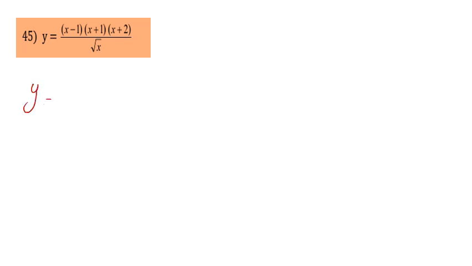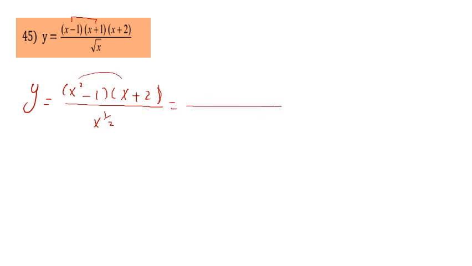Y is equal, I'm going to simplify this one, it's going to be x squared minus 1 multiplied by x plus 2, divided by root x, and root x is x to the power of half. So x squared times x is x to the power of 3, x squared times 2 is 2x squared, negative 1 times x is negative 1x, and negative 1 times 2 is negative 2, over x to the power of half.